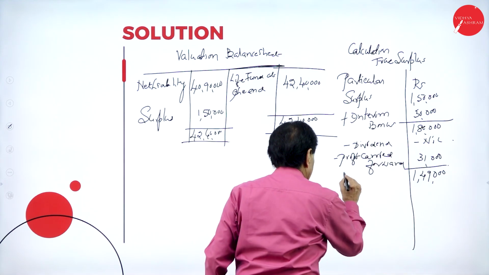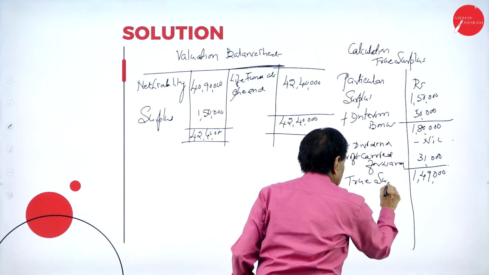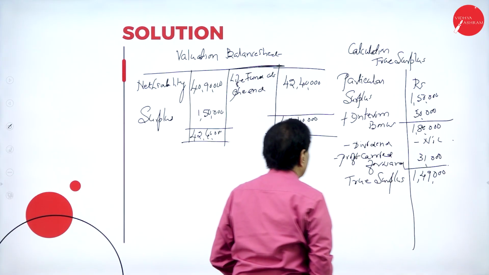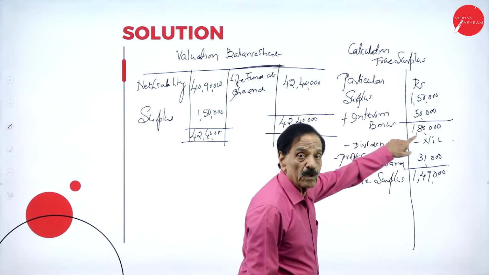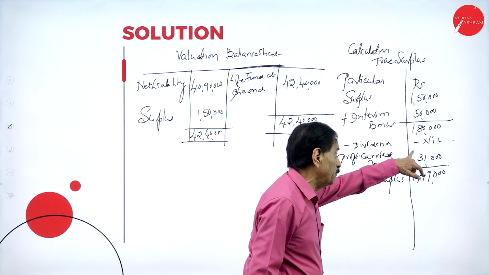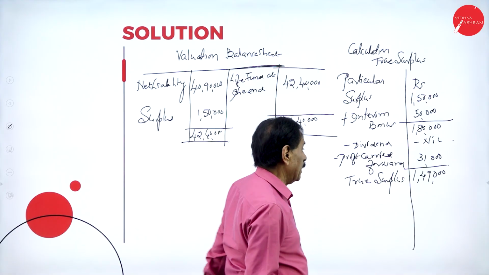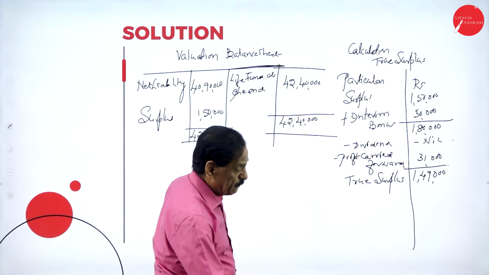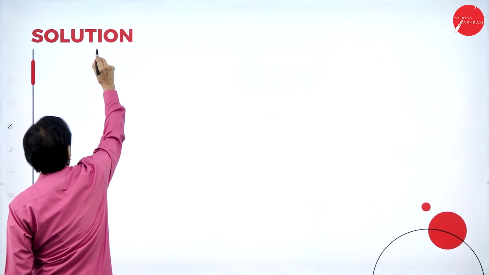True surplus. So first we have to calculate the surplus. For the surplus, interim bonus should be added. Dividend should be deducted, there is no dividend. Profit carried forward is 31,000. How much is the true surplus available? 1,49,000. Next, distribution of true surplus.